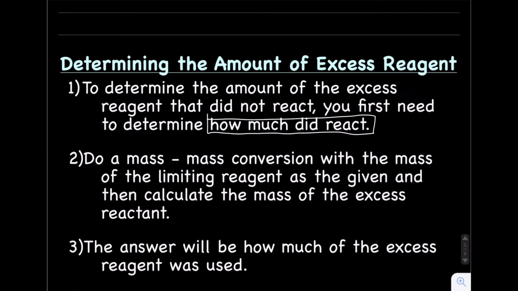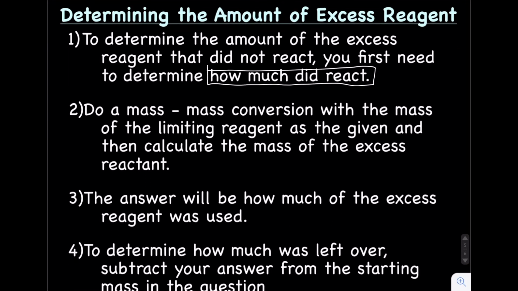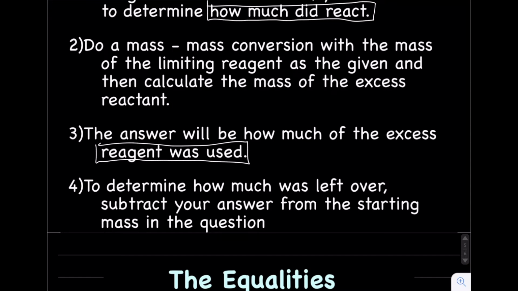The answer will be how much excess reagent was used. And then if we want to know how much was left over, subtract how much was used from how much you started with.